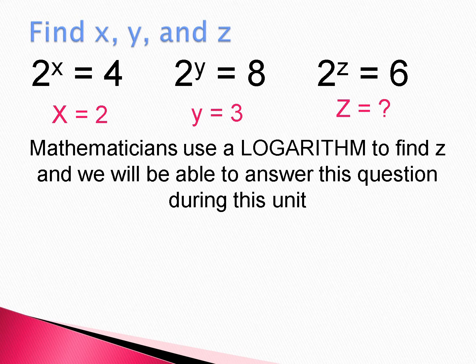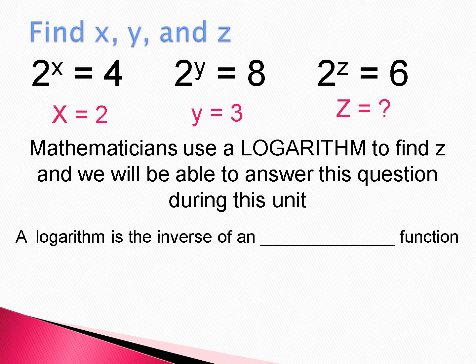We will end up answering this question during this unit, maybe not this lesson, but in a couple of lessons, and we will figure out how exactly we find z. So we're going to find the value of z that, when I raise 2 to that power, will equal 6.